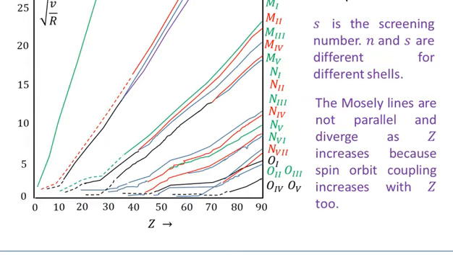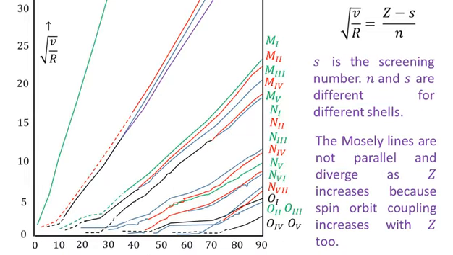Similarly, the third series I am plotting is the M series. For very small values of Z, they will initiate from the same value or the same point, and then of course they will start diverging out. So the M series diverges out into M1, M2, M3, M4, M5, and so on.